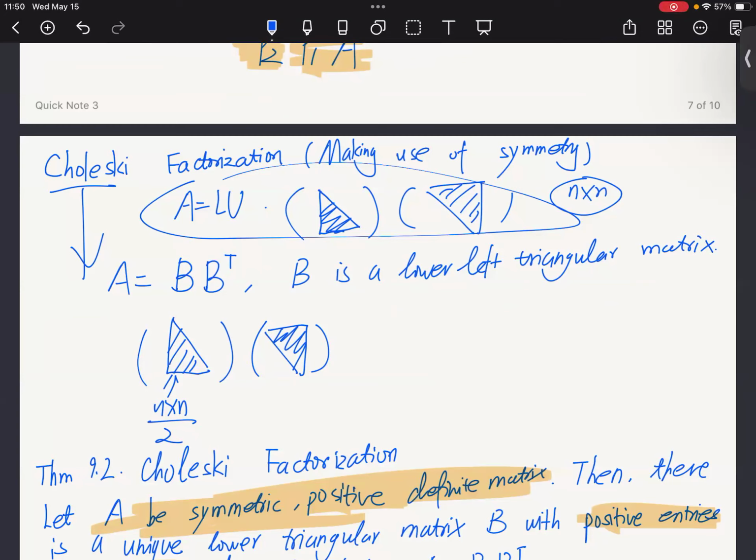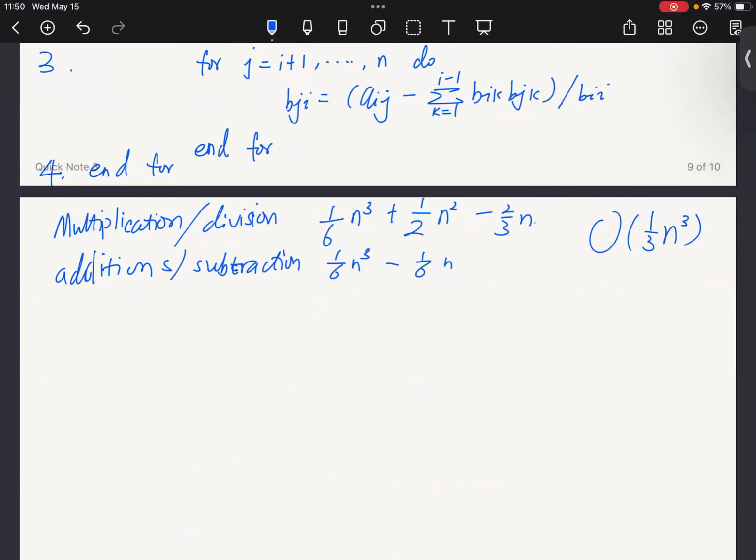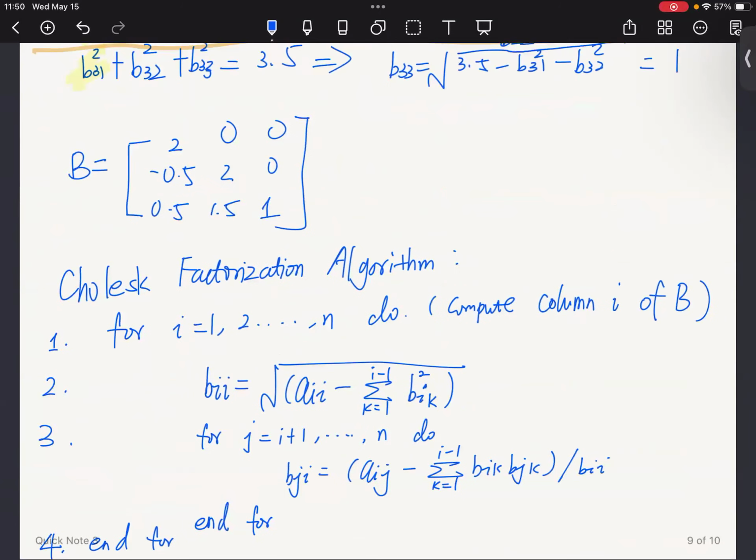But I want to put a remark on this before you leave. Actually, this saving of the cost is a little bit confusing because there's a square root here, and it takes much time in the computer to do the square root.